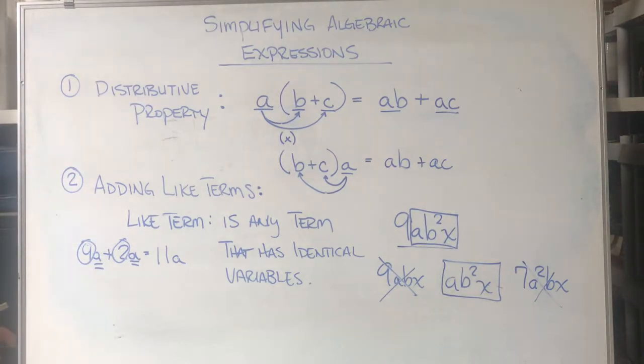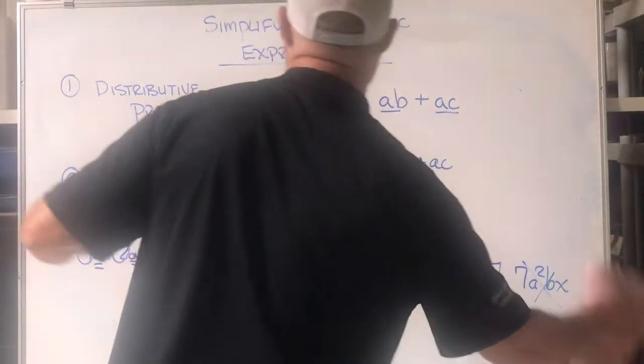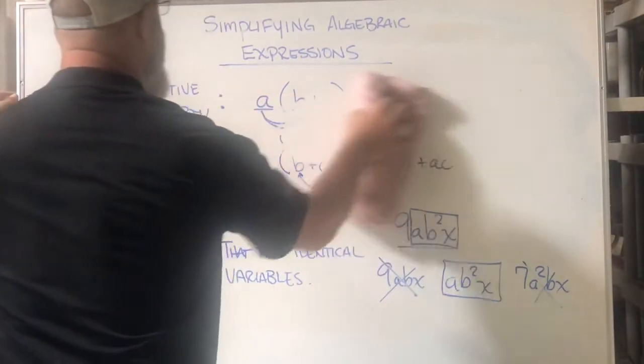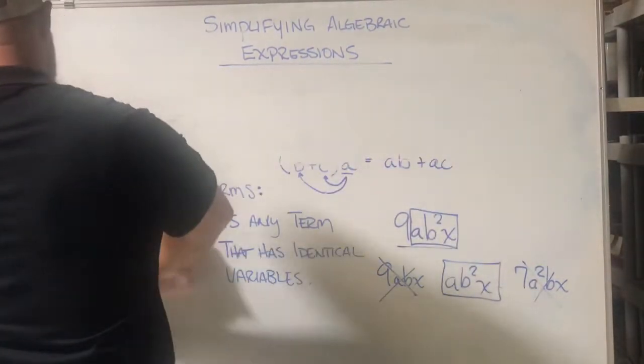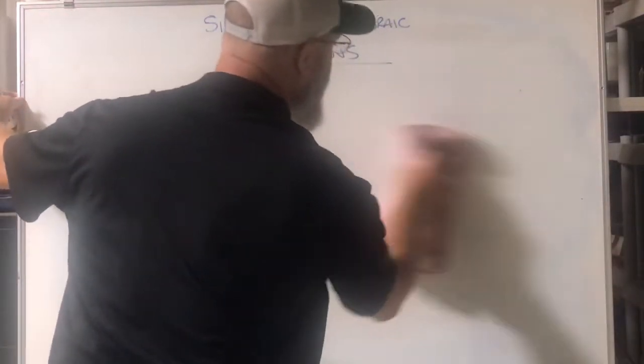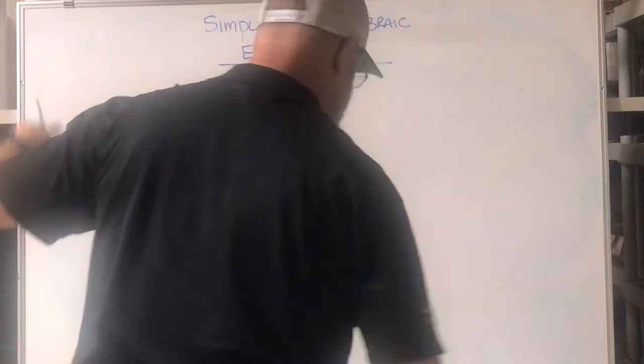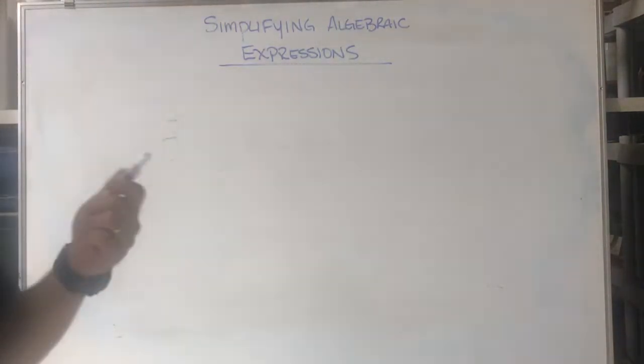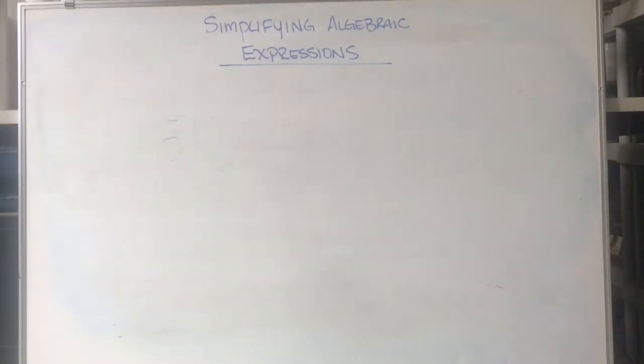Okay? All right, so let's look at some algebraic expressions, and we're going to use the distributive property, and we are going to use adding like terms. Okay?